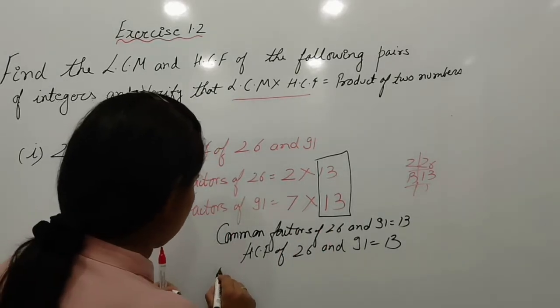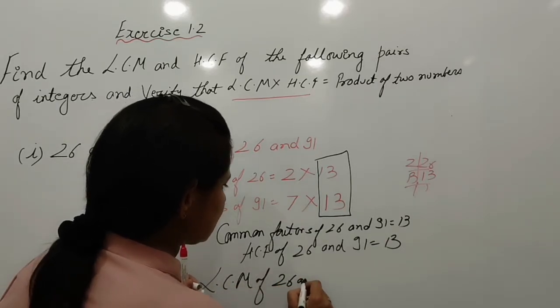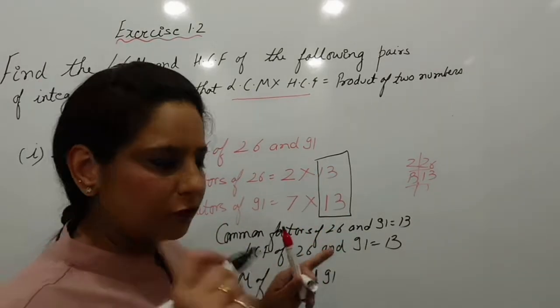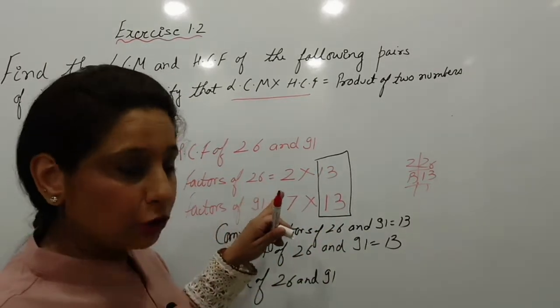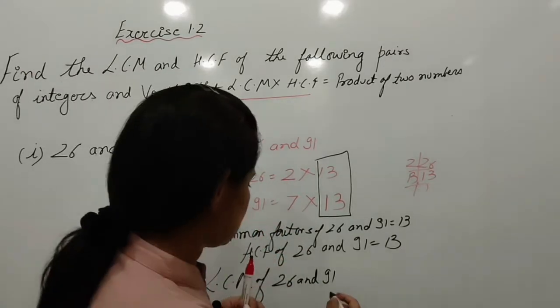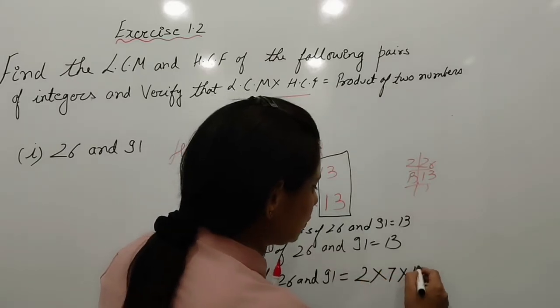So here we'll find the LCM of 26 and 91. We can see 13 is the common factor, and the uncommon factors are 2 and 7, so we will take them also. So it will be 2 into 7 into 13.